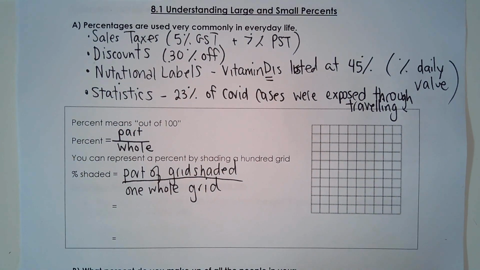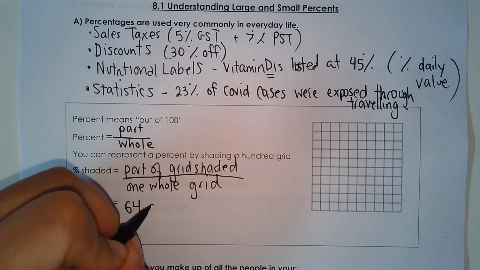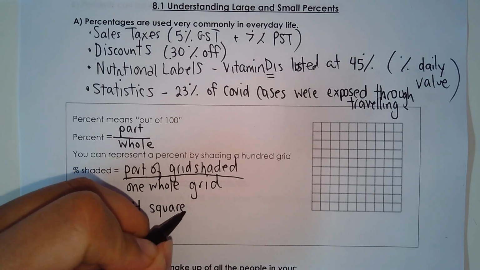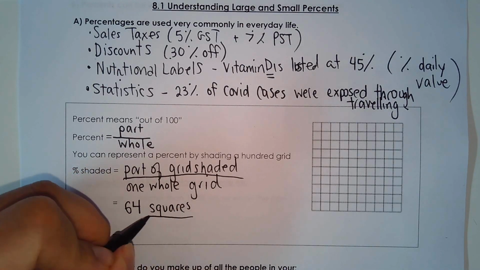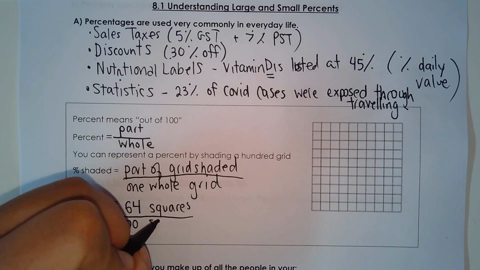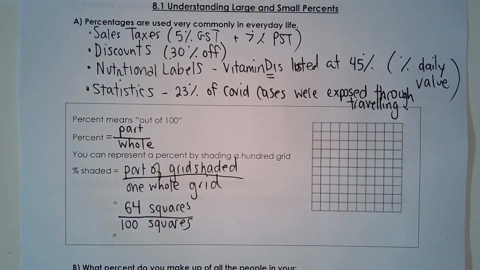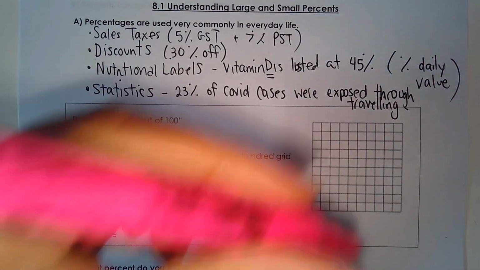Okay, so in this example here, I'm going to look at 64 squares. I'm going to shade 64 squares out of 100 squares. You can use a highlighter or a pen, pencil crayon to do that to make it more exciting. So I'm going to shade 64.